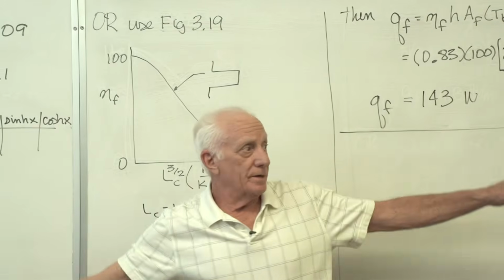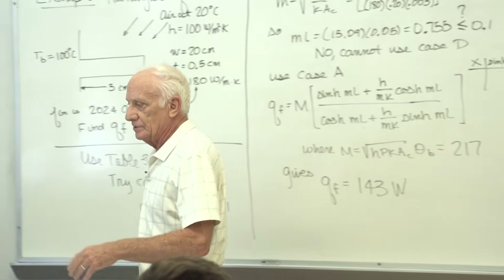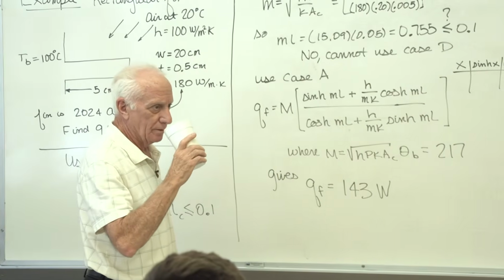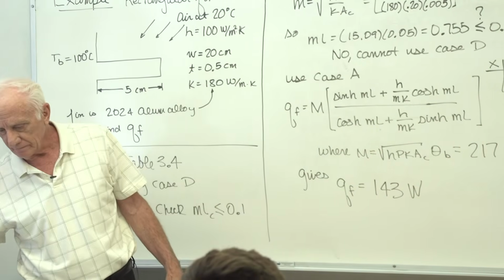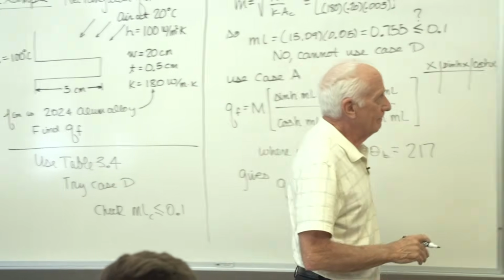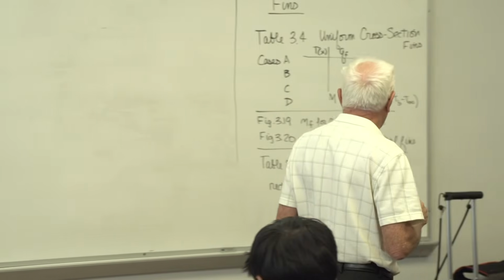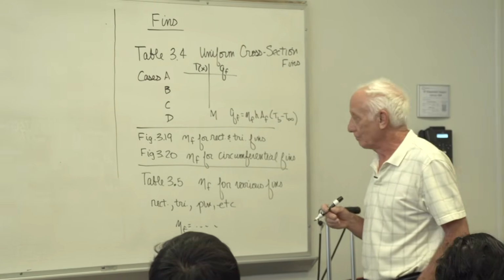Same answer, 143, 143. Conclusion: it makes no difference. Take your choice. You can use either table 3.5 or figure 3.19. All right, now let's keep going down our library of possible resources.